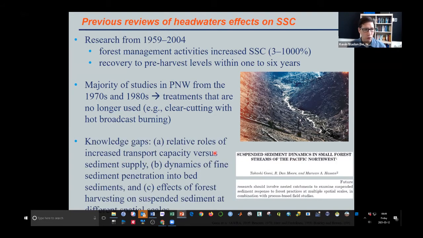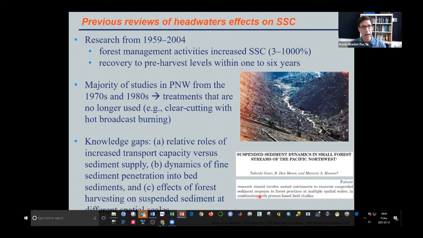One piece before I move on, I think that's key is to think about the knowledge gaps that Gomi and those others laid out in their study. And for the sake of time, I'm just going to skip to this last one because we're thinking about linkages between forest practices and downstream utilities today. At that time, now this is almost 15 years ago now, they indicated that future research needs to involve nested catchments to examine suspended sediment response to forest practices at multiple spatial scales.